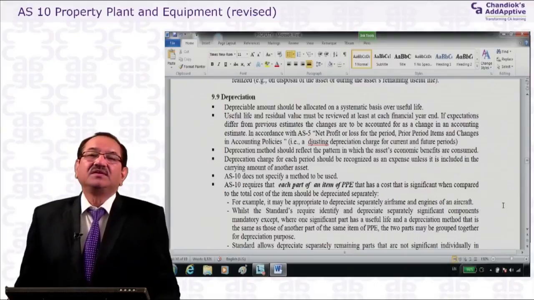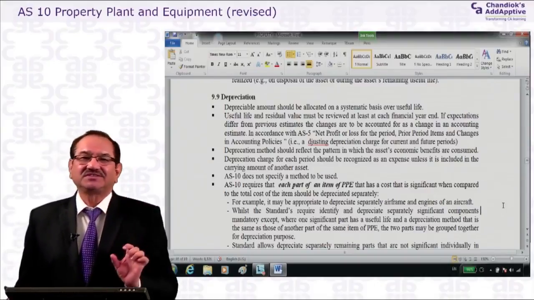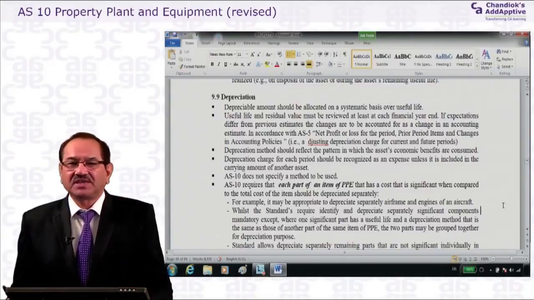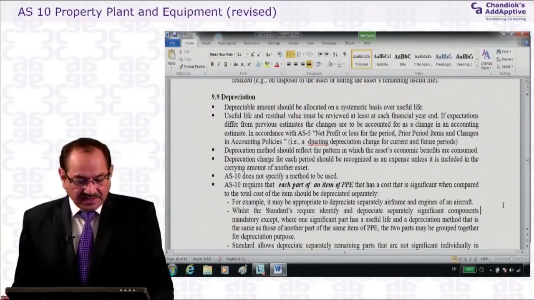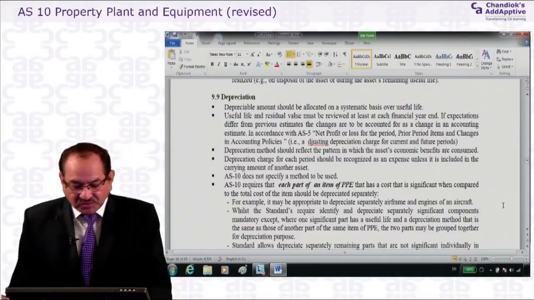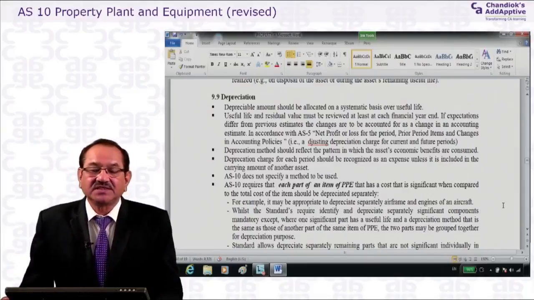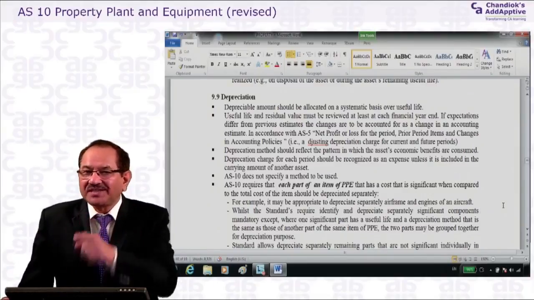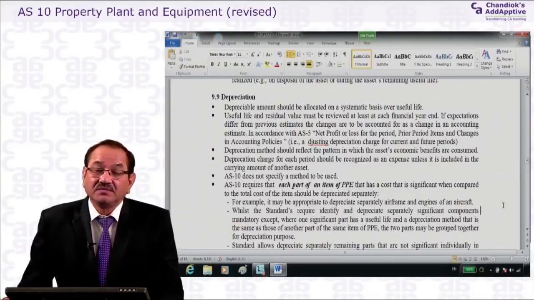If you recall, the same lines are used in AS 26 as regards the amortization of intangible assets. Depreciation charge for each period should be recognized as an expense unless it is included in the carrying amount of another asset. Whatever depreciation you provide should be debited as an expenditure in the profit and loss statement.